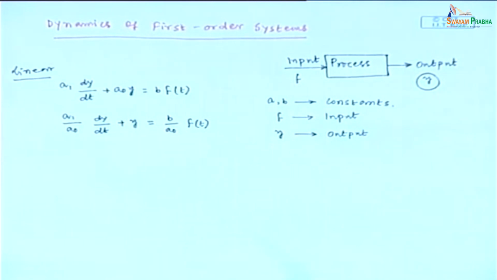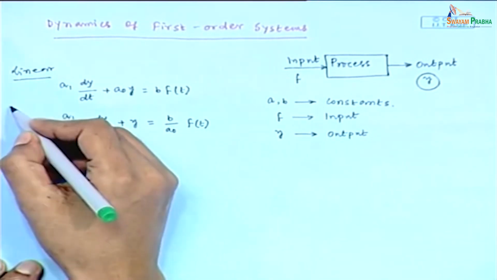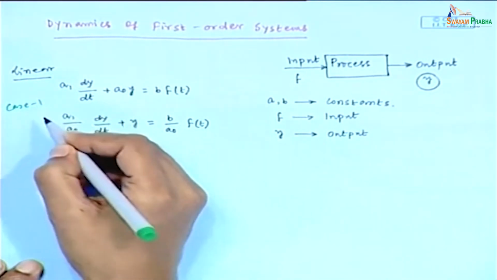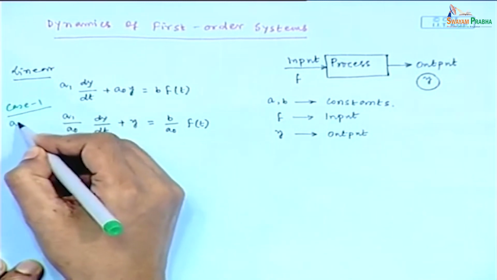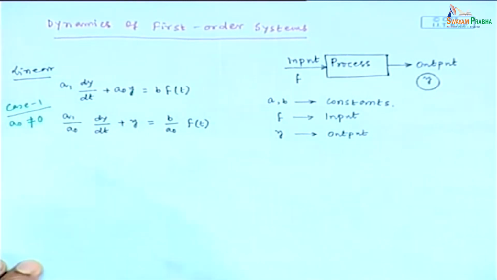In one case a1 is not equal to 0 and in another case a1 equal to 0. First we will discuss a1 not equal to 0, then in the next case we will consider a1 equal to 0.